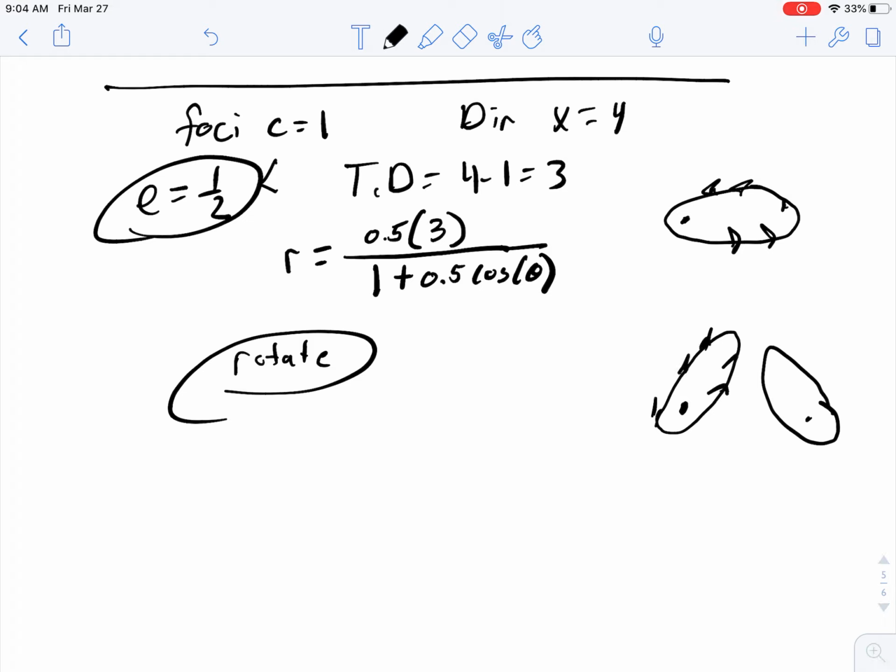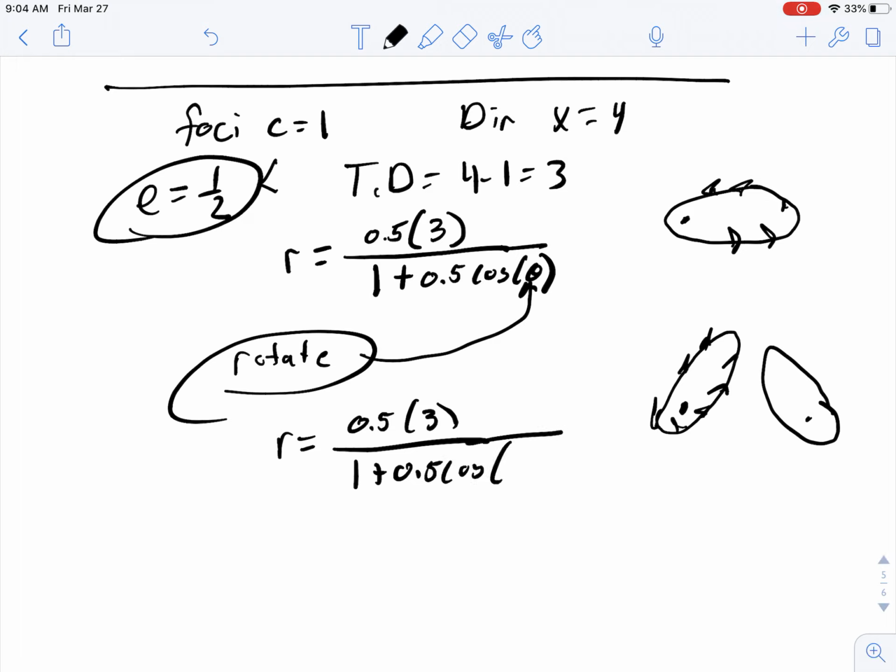Some things will come in at some form of angle or rotate around at an angle. Well, all you have to do is add that, and that converts your rotation. So let's say I want to rotate it by pi over 4, all I have to do is go 0.5 times 3, over 1 plus 0.5 cosine, and whatever angle measurement I want to use. In this case, it's pi over 4.